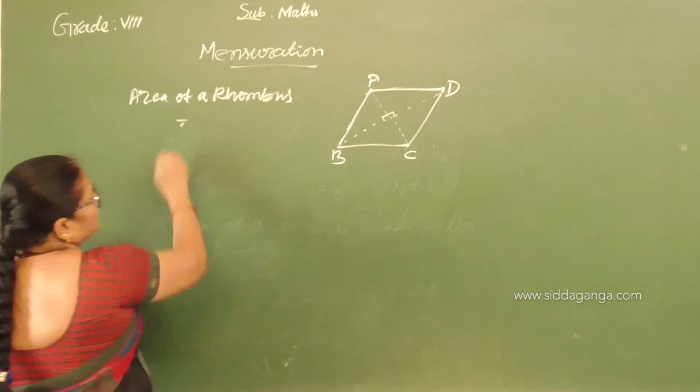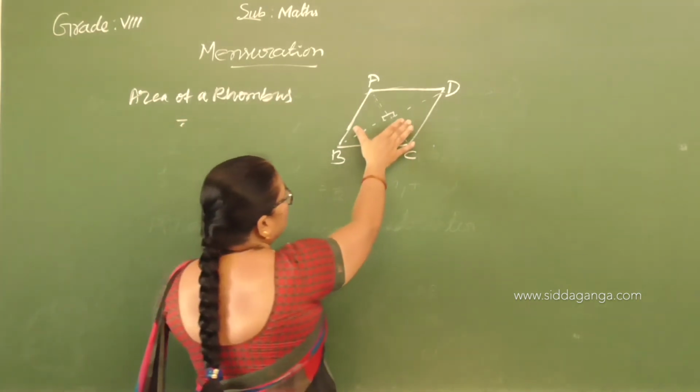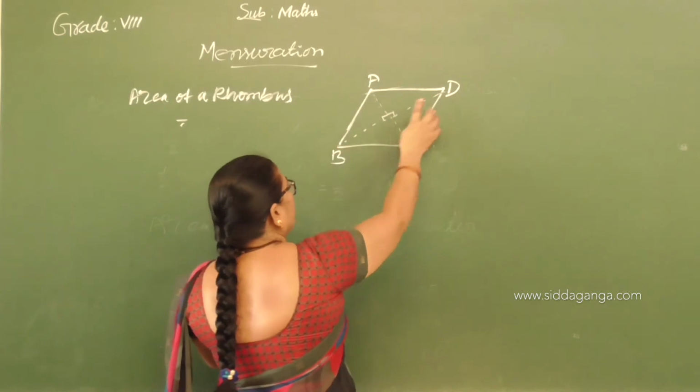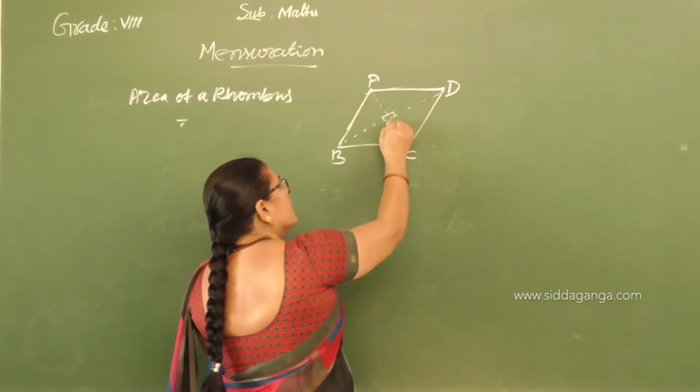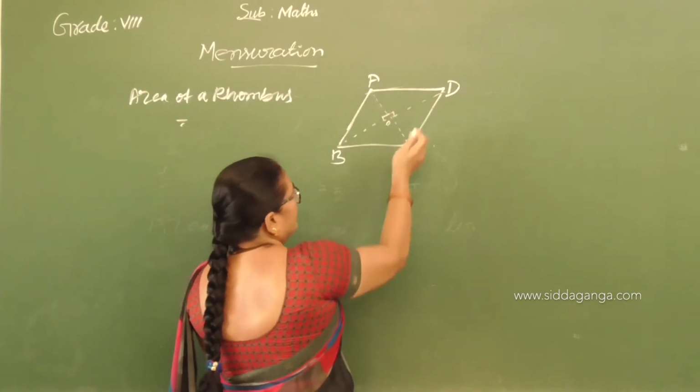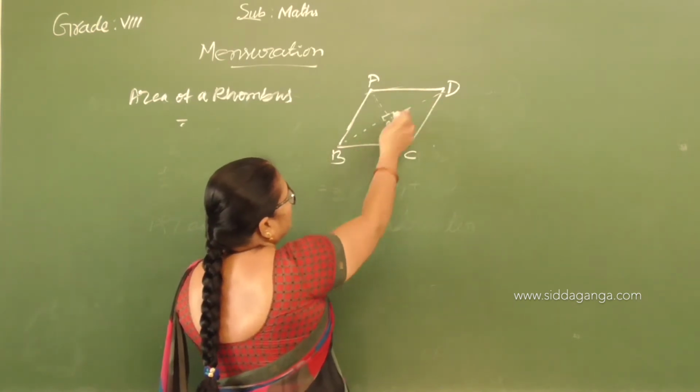The rhombus will be divided into two triangles, ABD and BCD. Here OD is perpendicular to BD, OC is perpendicular to BD.